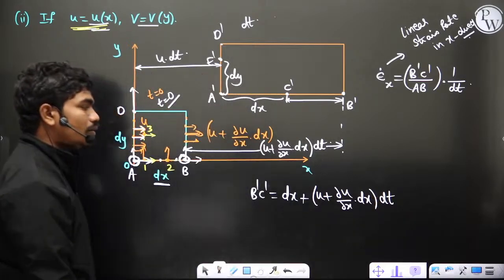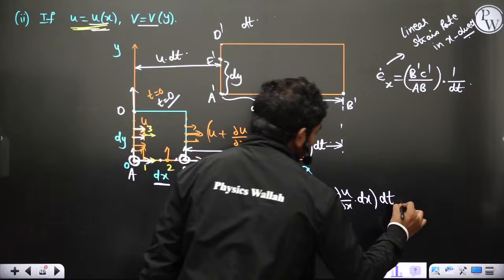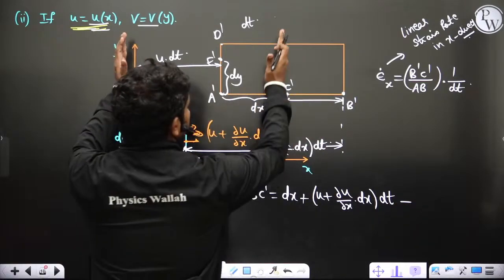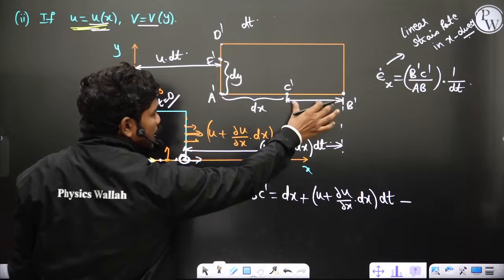From this, if you subtract the part from the y axis till C dash, you will get B dash C dash.